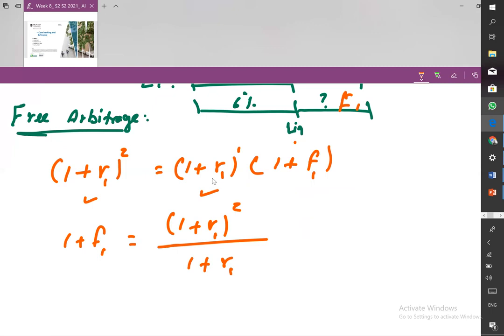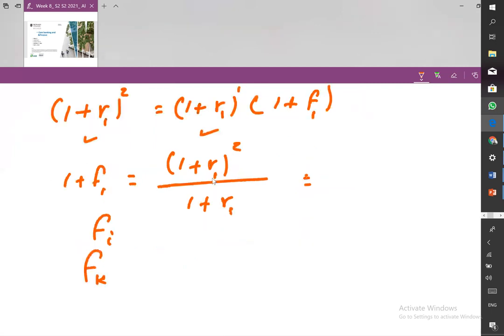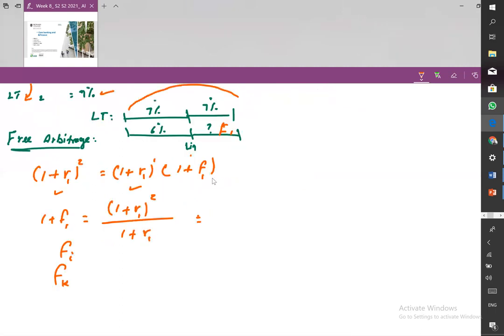Now I can make it for 2 years, I can make it for 3 years. I can calculate the forward for the I, and I can calculate the forward also for the K. We have other names here, which are C and forward, but this is the whole concept, which means if you are talking about the I, you can do that.